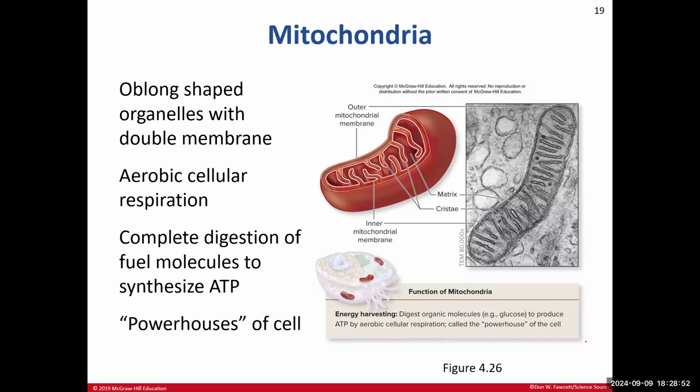So when we break down a glucose molecule and we have no oxygen, we get 2 ATP. Not bad, not great. But if you have oxygen, that same one glucose molecule, when broken down, can give you 32 ATP molecules. That's quite a return on your investment. And all you needed was some oxygen. That's where the mitochondria come into play.